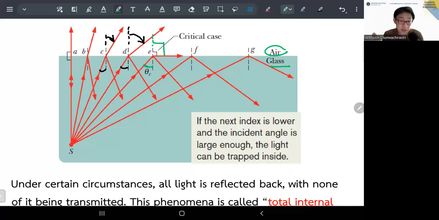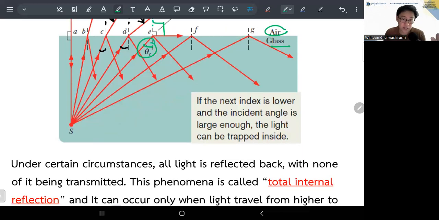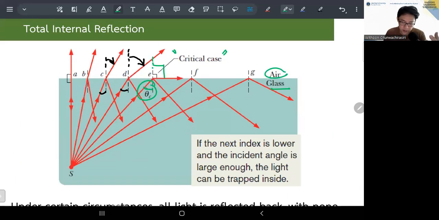And that's kind of bad, because this is a critical case. If you send in light beyond this critical angle, there will be nothing sent into the second medium anymore. Everything will turn into pure reflection.